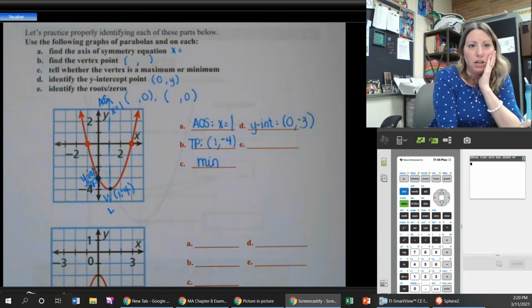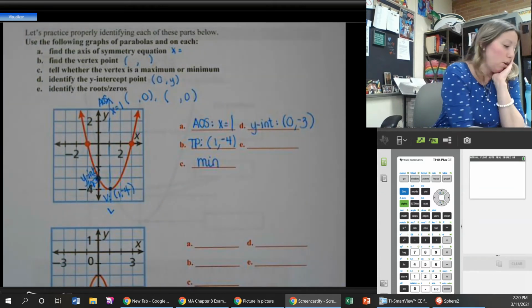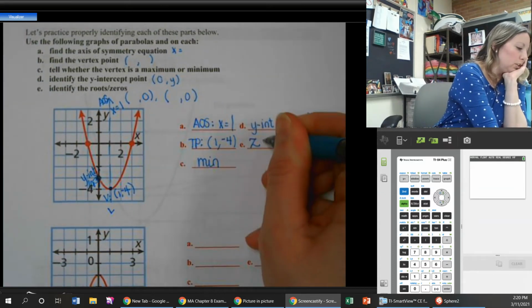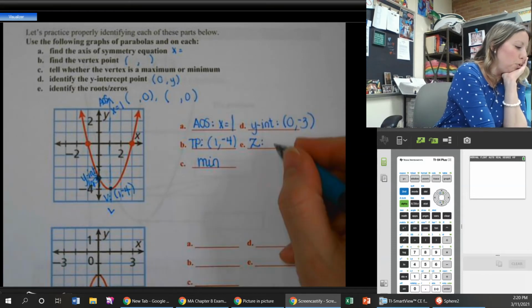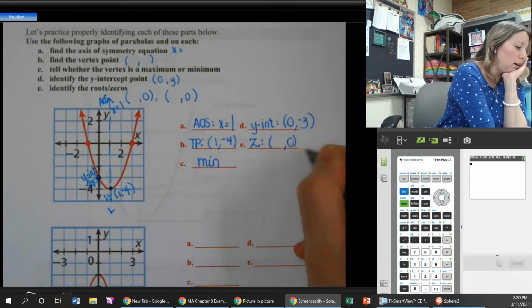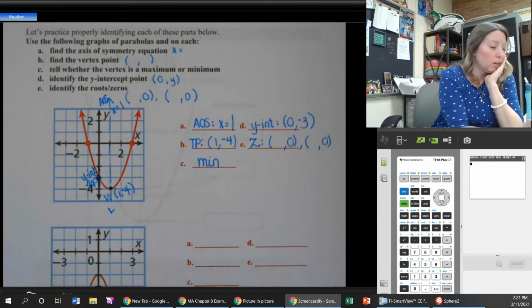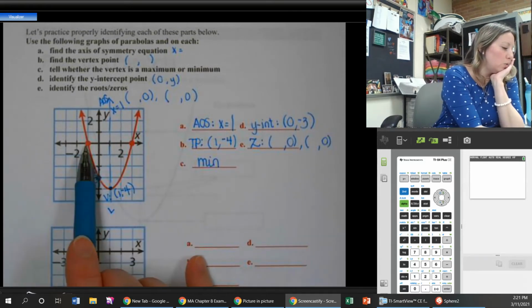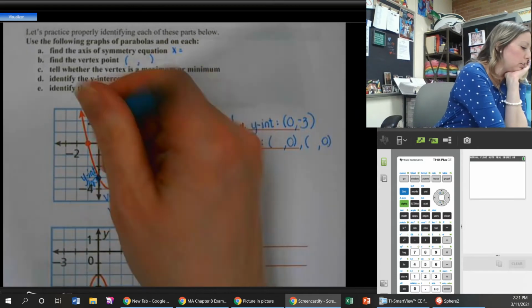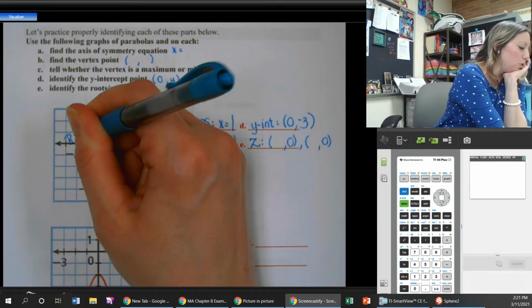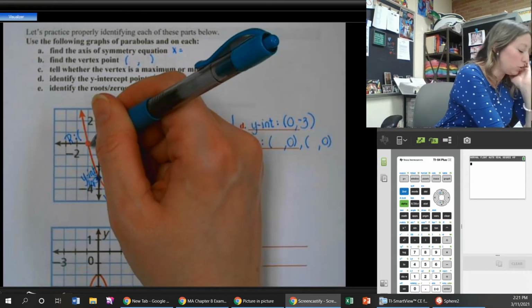And last but certainly not least, identify the roots or zeros, right? So I'll just call them Z on here. We know that both of these will have 0 as a y value. So these are coordinate values, and they are the x values of where we touch or cross the x-axis. You can call them R for root, or you can call them Z for zeros.